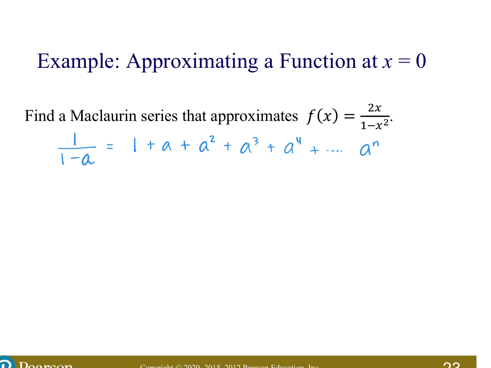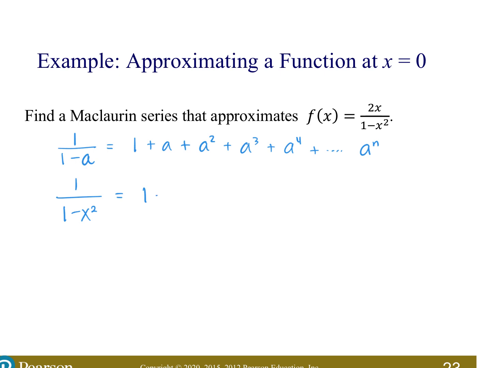So if that's the pattern for 1 over 1 minus a, again, that's geometric. Start with the number 1, and then multiply everything by the term of a, because that's what the r value is. So then, okay, well then what would 1 over 1 minus x squared be? So I still start with the number 1.